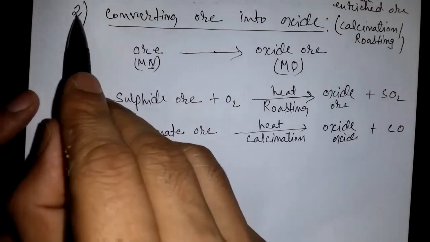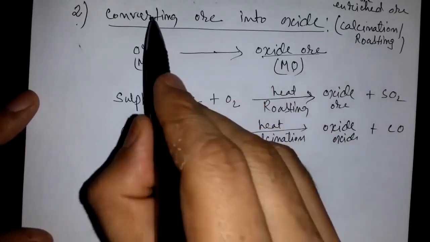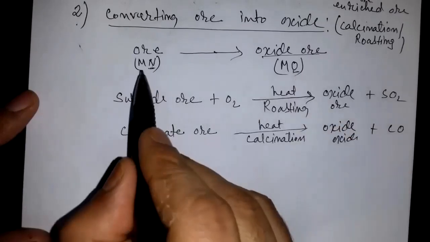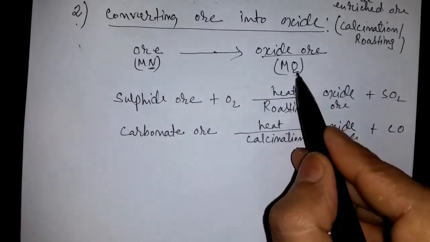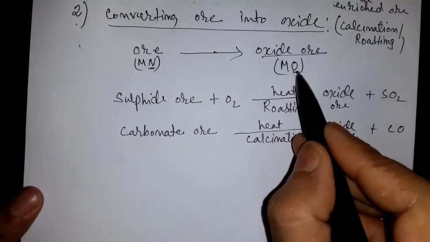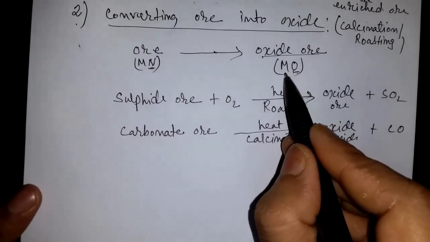So in step 2, we are converting ore into oxide. That means step 2 makes sure your non-metal is oxygen. Why are we converting the non-metal into oxygen? We discussed before: if the non-metal is oxygen, then this oxygen can be easily and economically removed so that we can get the metal.